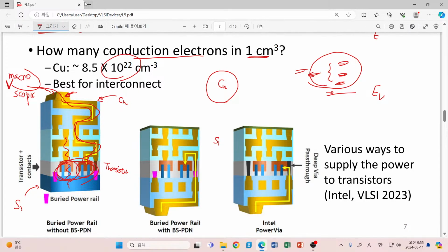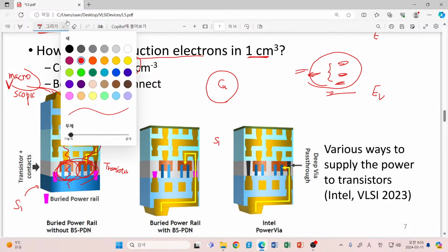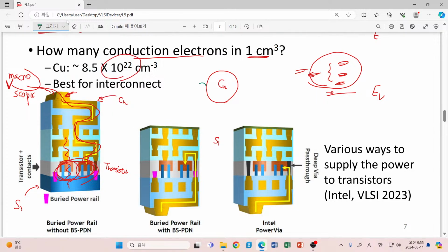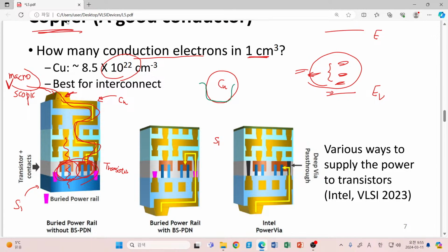But now, or 20 years ago, people invented the capability to introduce a certain barrier material. This one is not as conductive as copper. However, it is good to prevent the movement of copper.